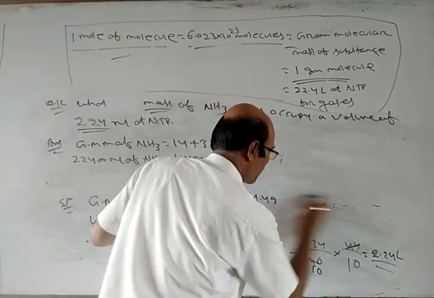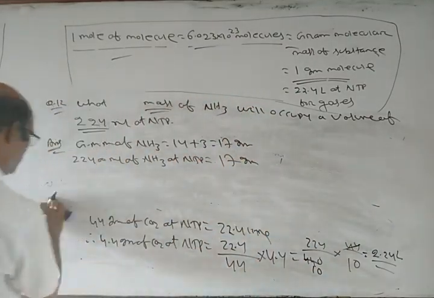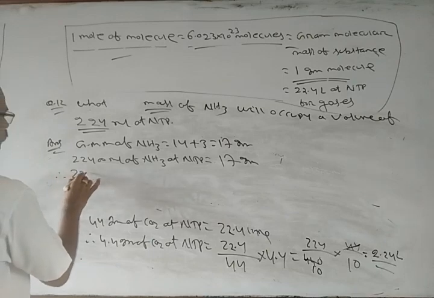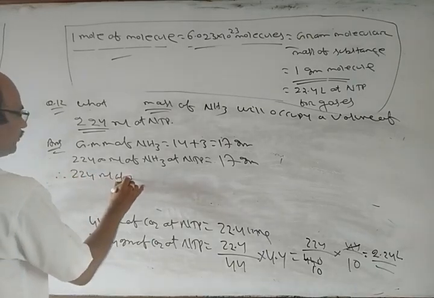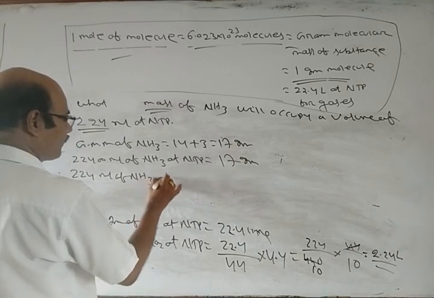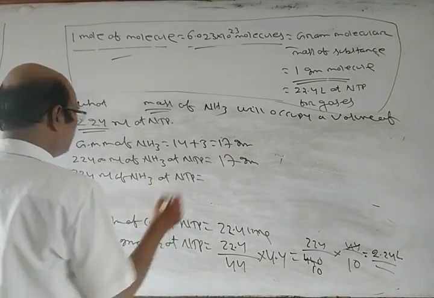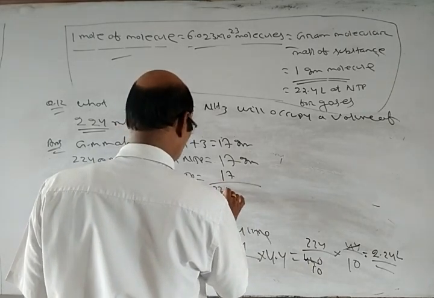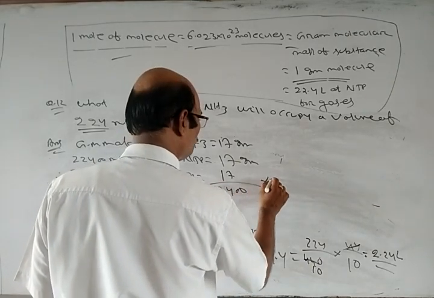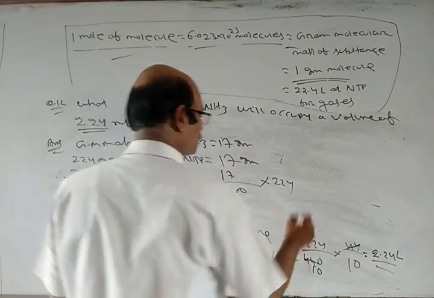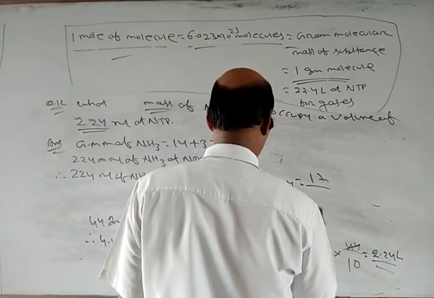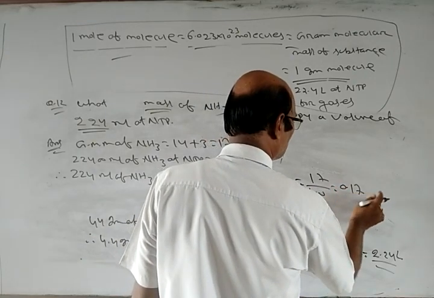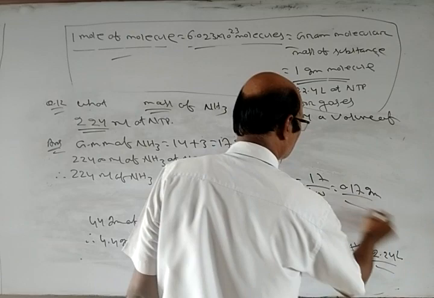Therefore 224 ml of ammonia at NTP equals 17 by 22400 into 224, which equals 17 by 100, that is 0.17 gram.